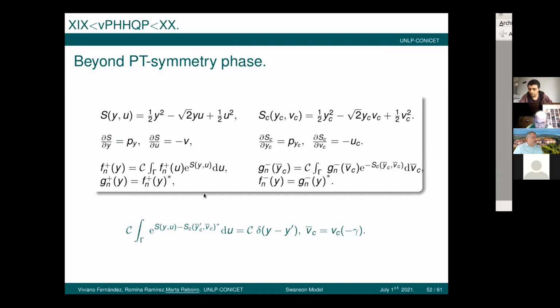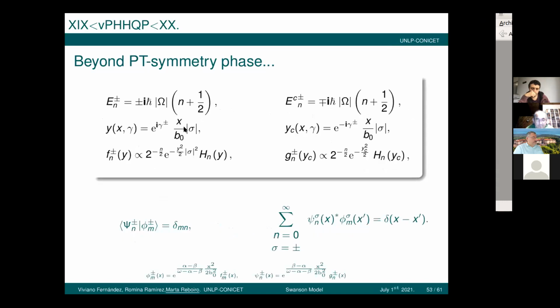I will not go into detail. In the paper we are writing, we add an appendix showing how we construct this integral and what is the path of the integral, and we use the fact that we can prove this. So finally, we end up for region 2 with this type of discrete spectrum.